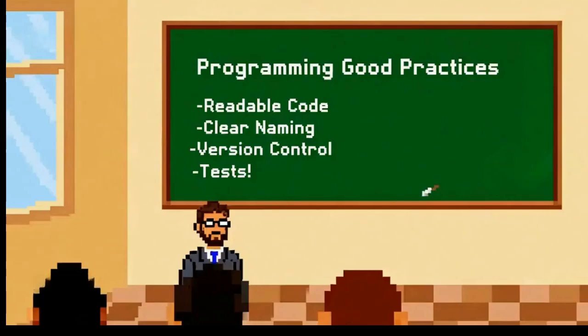However, there's another school of thought that suggests organizing code by features rather than by layers. Instead of having all your user interface code in one place, all your business logic in another, and all your data access in a third place, you group everything related to a particular feature together. So you might have a user registration module that contains the UI, the business logic, and the data access for user registration, all in one place.